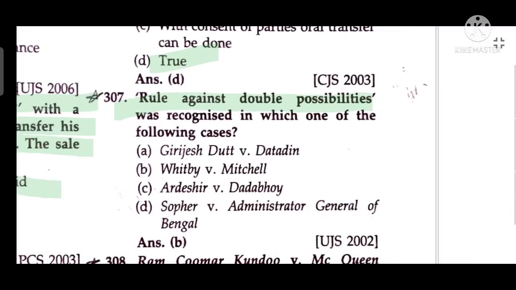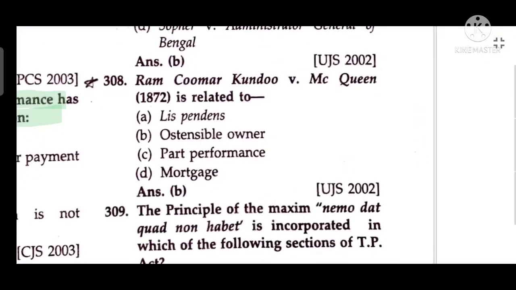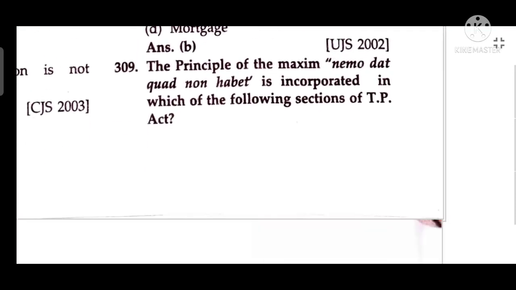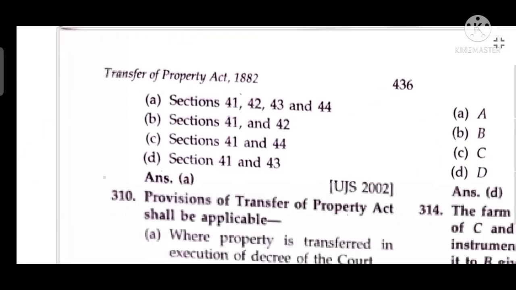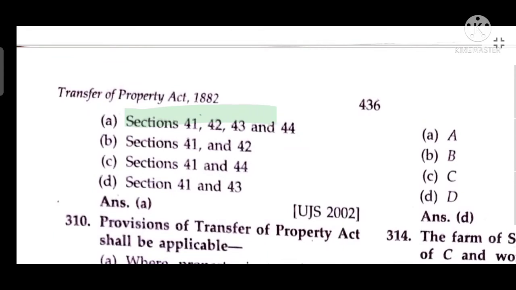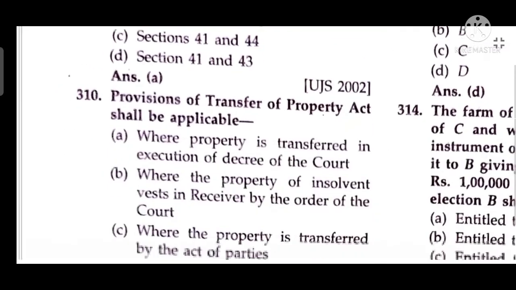Rule against double possibility was recognized in which one of the following cases? Whitby versus Mitchell. Ram Kumar Kudu versus Macqueen 1872 case related to ostensible owner. The principle of maxim nemo dat quod non habet is incorporated in which one of the following sections of TP Act? Section 41, 42, 43, 44.